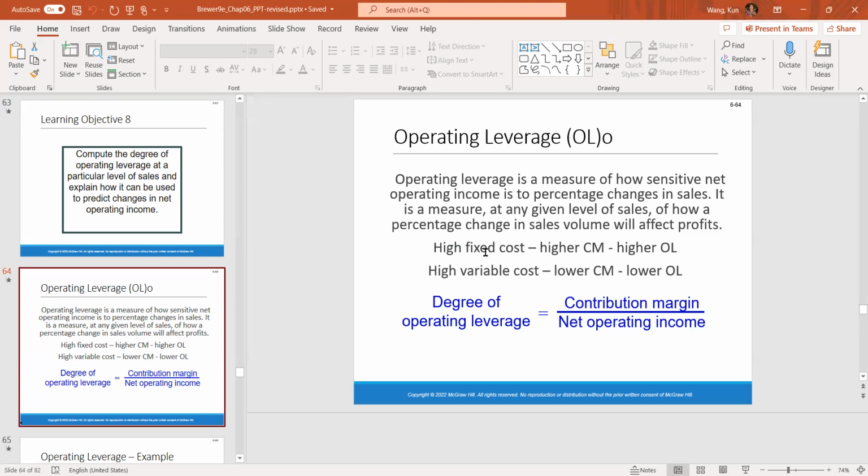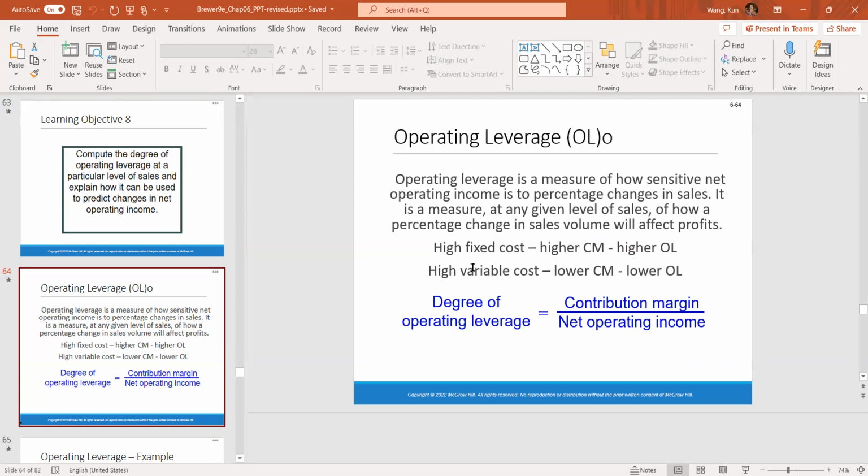For higher fixed cost industries, such as utilities and airline companies, they normally have higher contribution margin because of lower variable expenses. Then by the formula, the calculation will give higher operating leverage for high fixed cost companies.